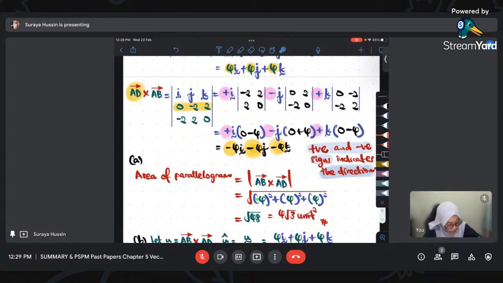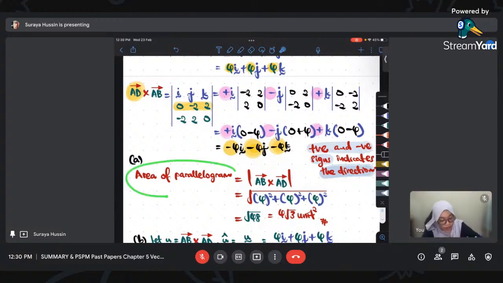So everything here, kalau ada negative pun dalam bracket ni, it's still gonna give you the same answer. Isn't it interesting? The magnitude will always be the same. The area of parallelogram will always be the same even though the direction that you choose is different to your friends.